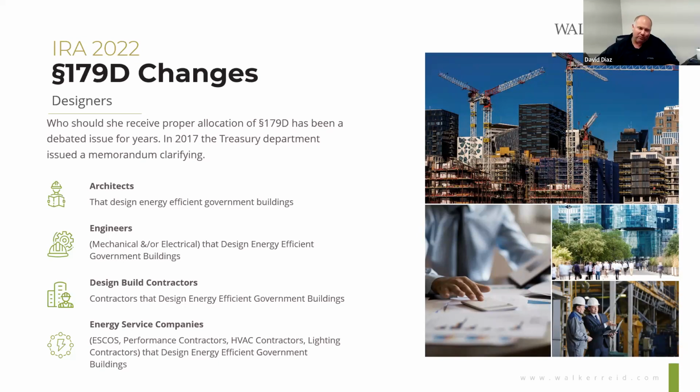The buildings were very likely energy efficient and met the requirements from an engineering perspective and an energy analysis perspective. But now you had buildings being certified and being allocated to parties that realistically had no involvement in the design criteria or the design of those buildings.